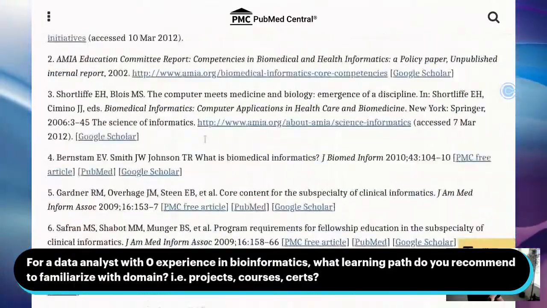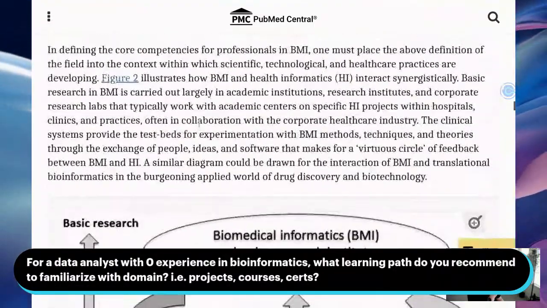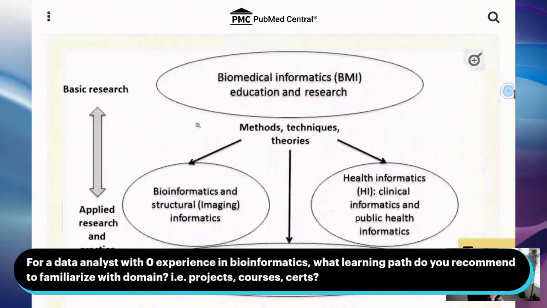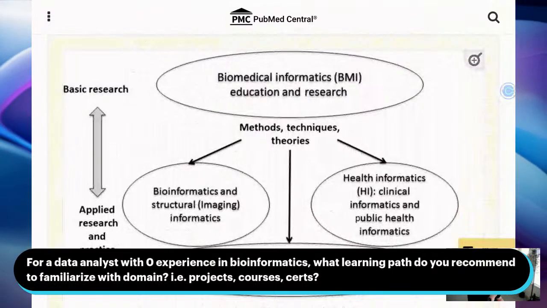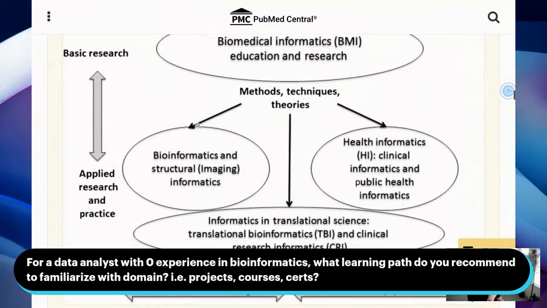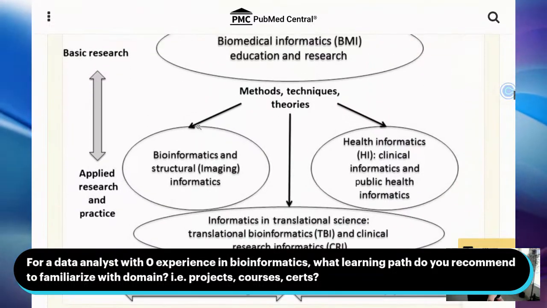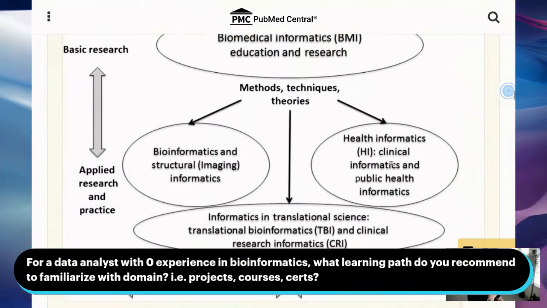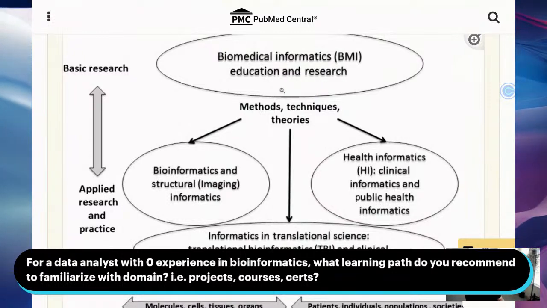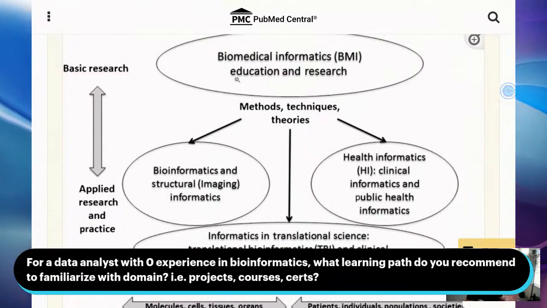Where is it? Is this not the right paper? No, it is. I think I split it a little differently. Well, we can use this one. I thought there was another diagram, but maybe it is this one. So biomedical informatics, I like to use this because it breaks it down into these nice types of domains, if you will.